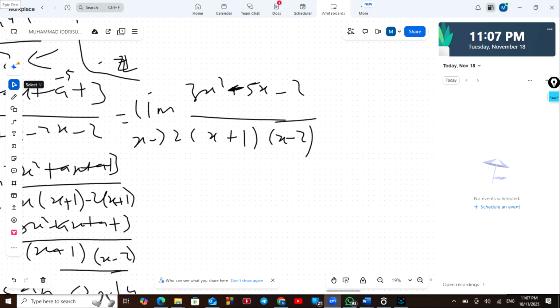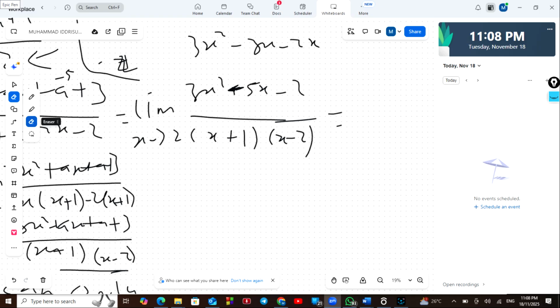Yes, so that is it. And this will lead us to, if we factorize this, we get 3x squared minus 5x minus 2. So we can represent the negative 5x by 3x squared minus 3x minus 2x.